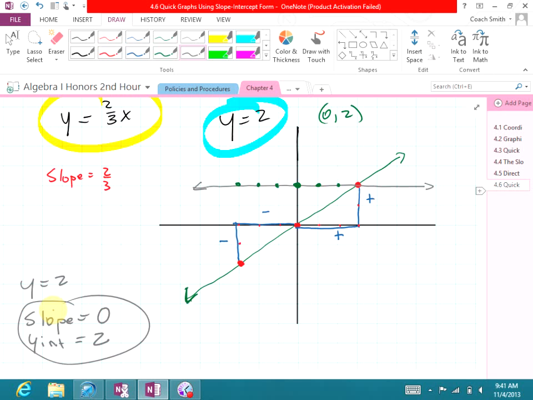Now, they're not going to give you any vertical slope.